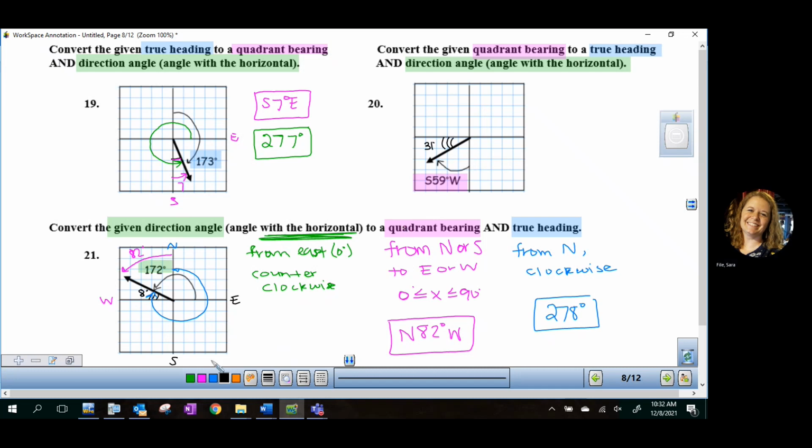Okay. So from the x-axis to that vector, it would be the 180 plus the 31, right? What would that be? 211. Good.